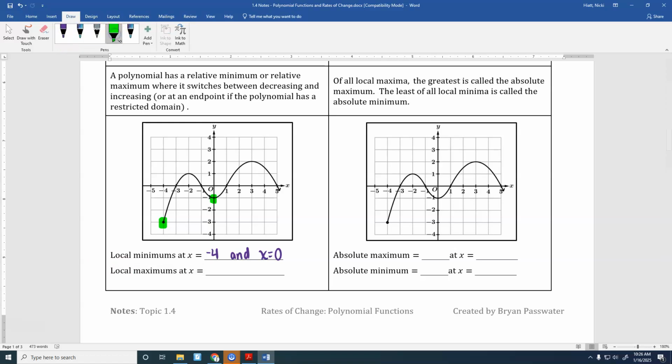Maximums, we would have over here. Maximums are places we switch from increasing to decreasing. So here and over here are both going to be maximums. And we're just going to give the x values where those occur. So that's x equals -2 and x equals 3.